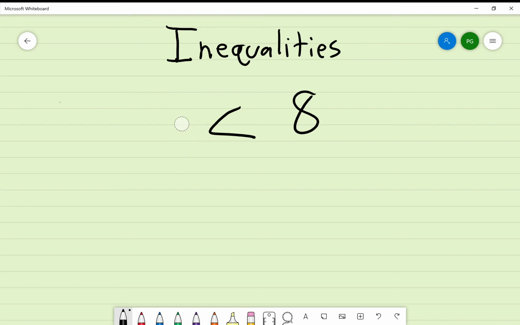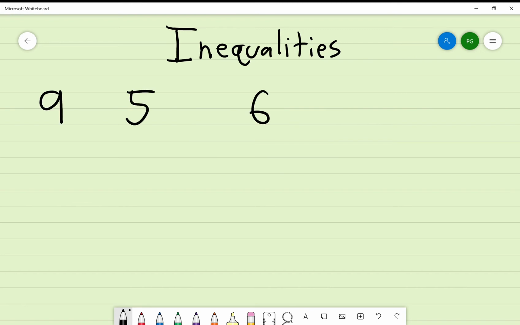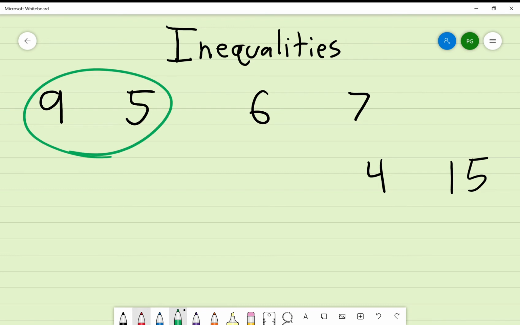So, let's say we have a few situations here. Let's say I give you 9 and 5, 6 and 7, and here I give you 15 and 4, okay? Now, in these situations, if I want to place the alligator, for this pair, the alligator eats the bigger number. Done.